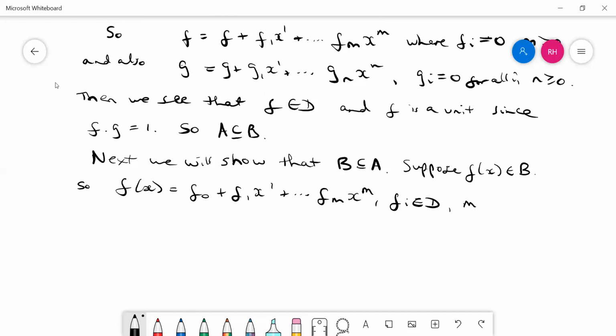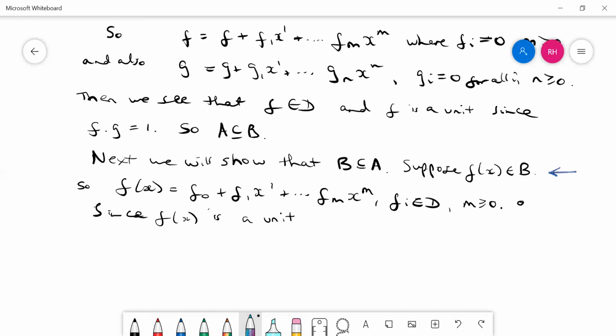M has to be greater than or equal to 0. Since Fx is a unit, how do we know it's a unit? Because it's an element of B. If you look back to the definition of B, it means it's a unit.